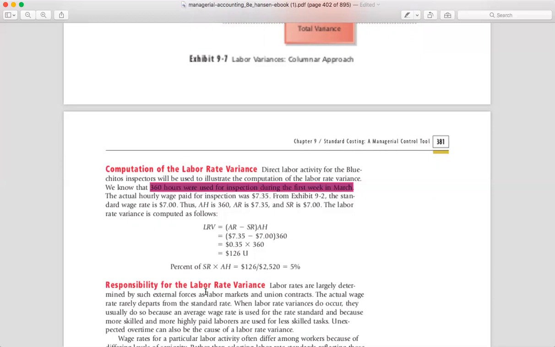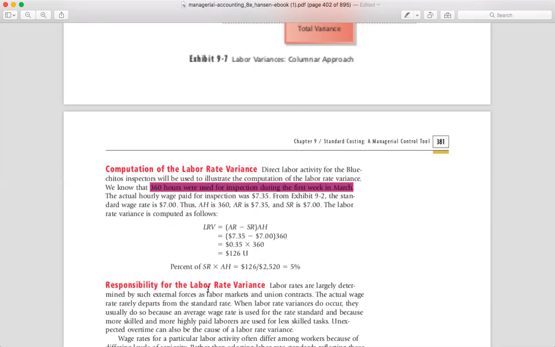But the variance is unfavorable if the company paid more than what it expected to pay. So they expected to pay only 7, but in real time, in the actual one, they have to pay around 7.35. Okay, so that is the information for that.